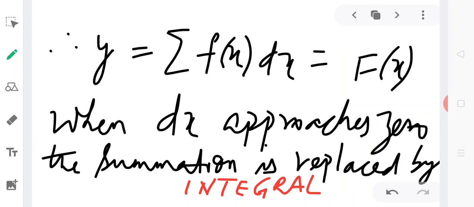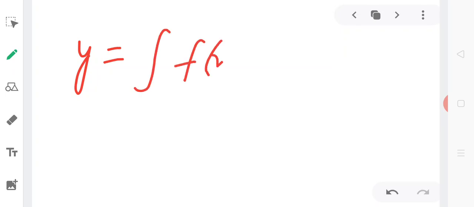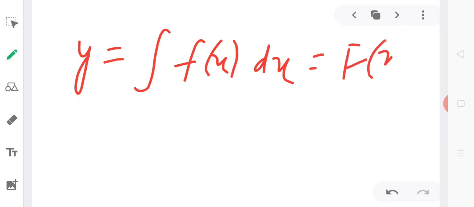So when dx approaches 0, this summation is replaced by integral. So now we may write down y equal to the integral of f(x) dx, which is further equal to the function y.